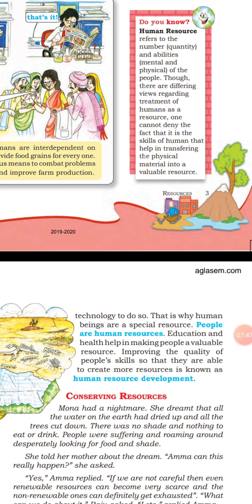After that, the potential resources. Those resources whose entire quantity may not be known and which are not being used at present are known as potential resources. For example, uranium found in Ladakh may be used as a potential resource.